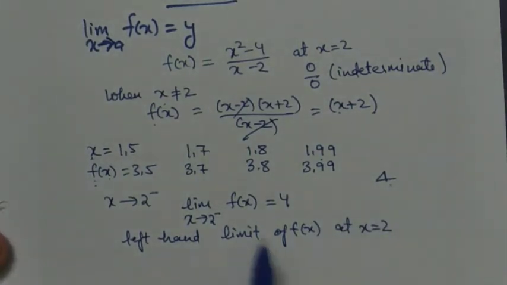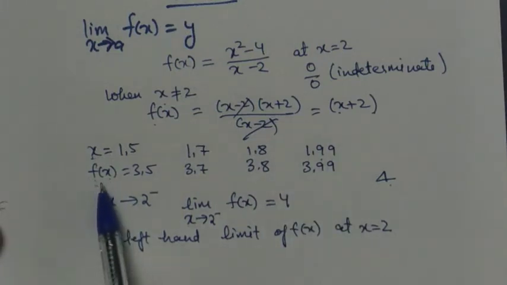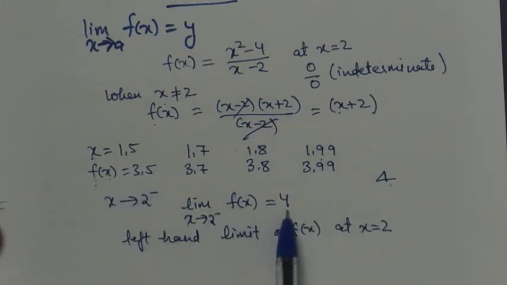Why is it so? Because when the value of x increases and comes closer to 2, the value of f(x) comes close to 4. So the left hand limit of this function f(x) at x equal to 2 is 4.